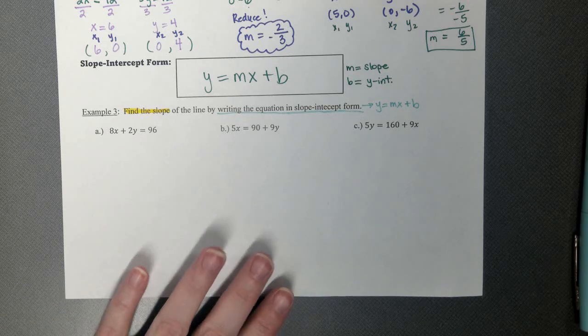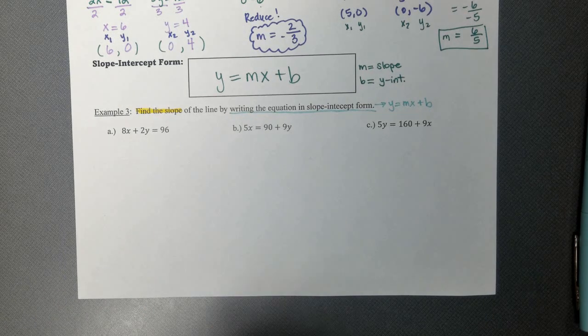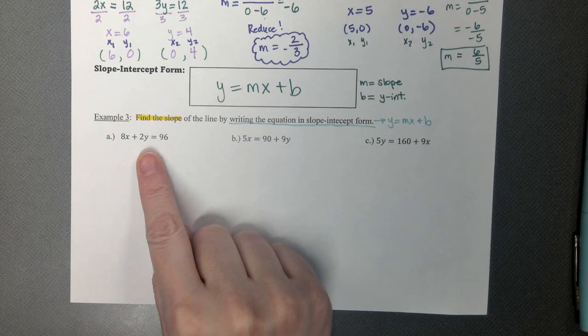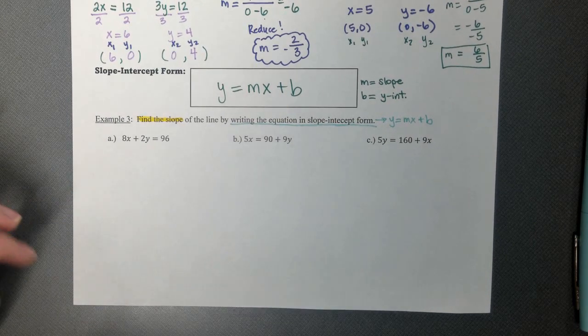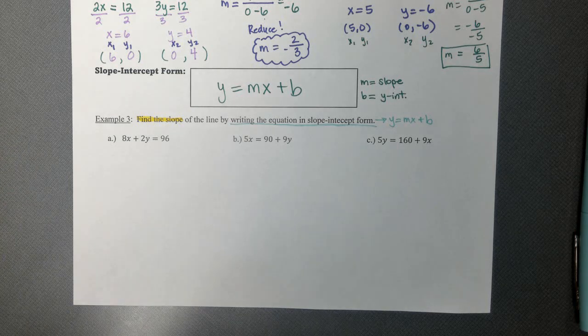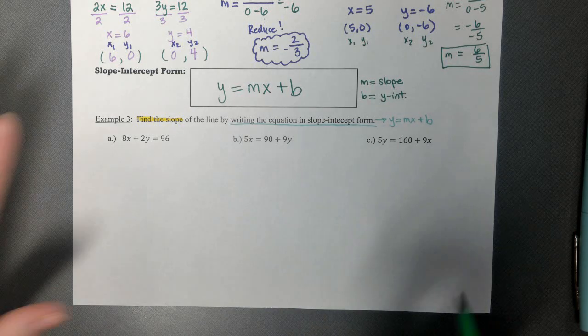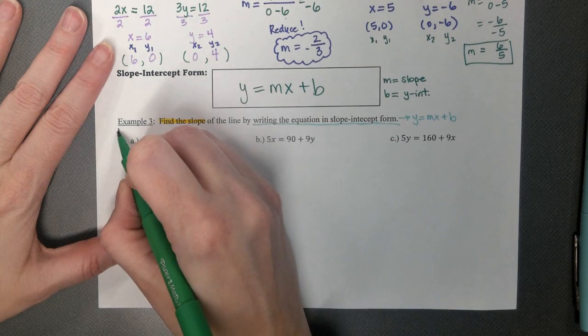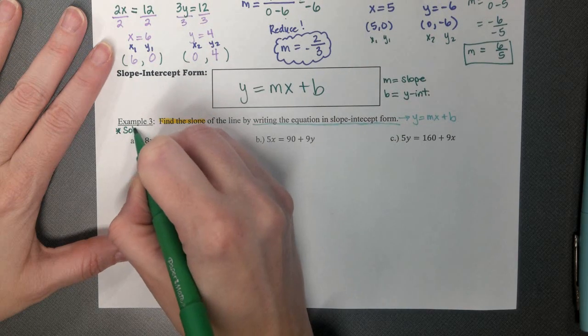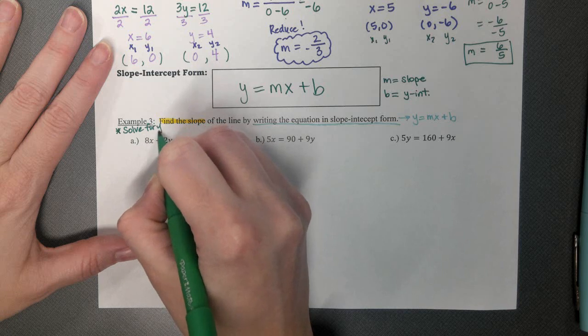We're going to do the first one together. What we have to do is solve for y. This is similar to what we did in first semester when we were solving for a variable.